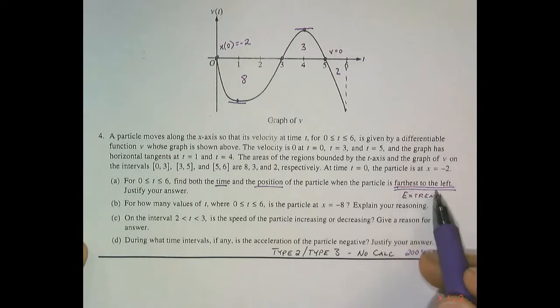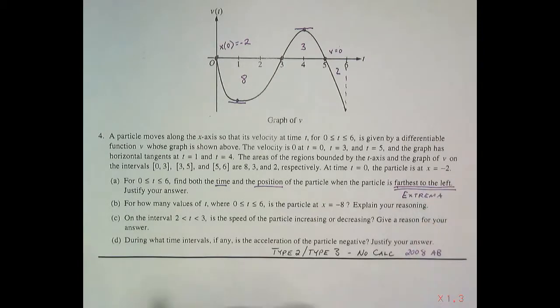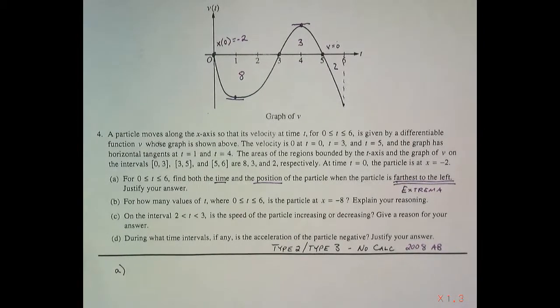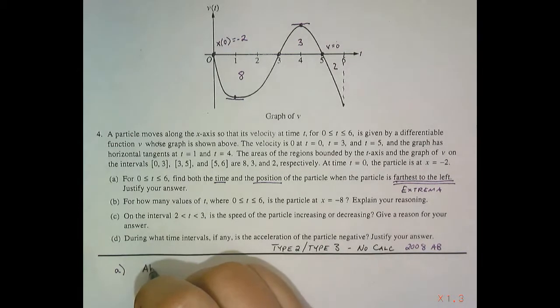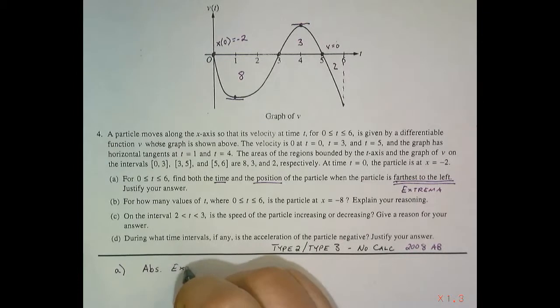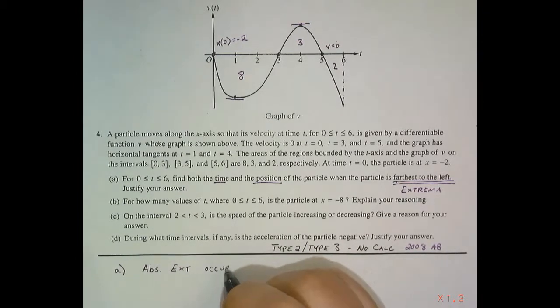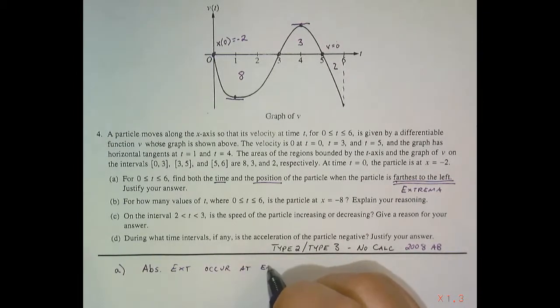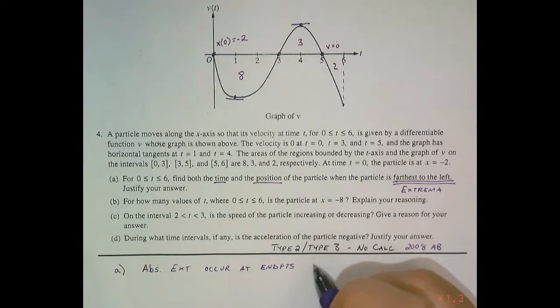So we're looking for the absolute minimum. And absolute minimum, or absolute extrema, that would be occurring either at the endpoints or at critical values. So absolute extrema occur at endpoints or critical values.